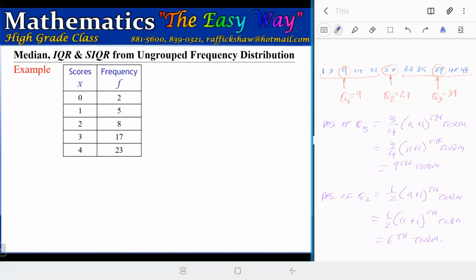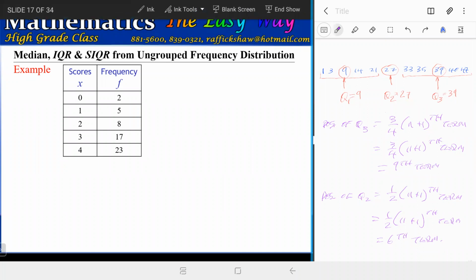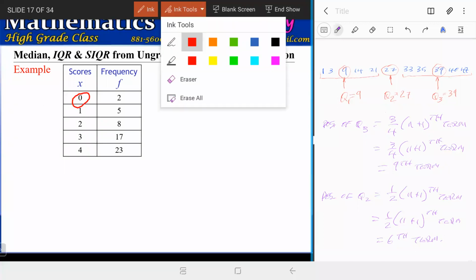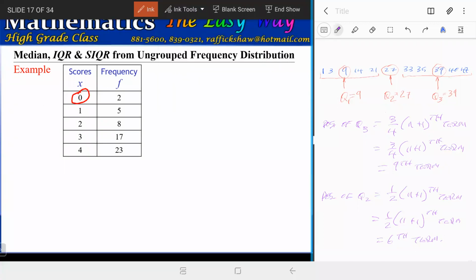So in this example over here, those are the scores. The data is ungrouped, and I want to find the quartiles. So I need to be able to count up the values as I go from group to group, or from value to value. When I'm here, I have only 2 values.